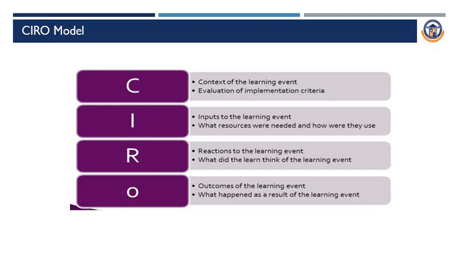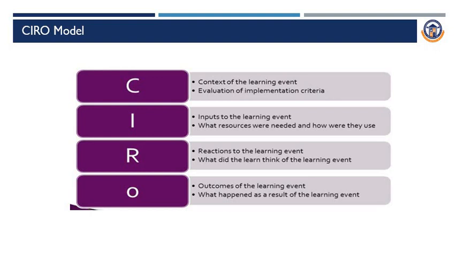Then the intermediate objective is to change the employee's work behaviors, which is necessary for the ultimate objective to be achieved. Next, the immediate objectives: the new knowledge, skills or attitudes that employees need to acquire in order to change their behavior so they achieve the intermediate objectives.